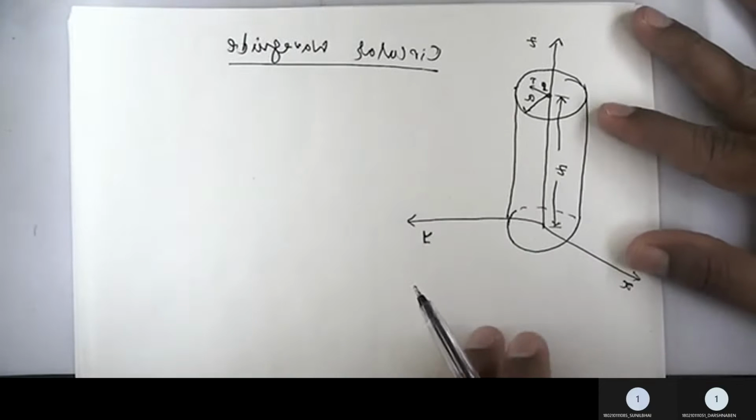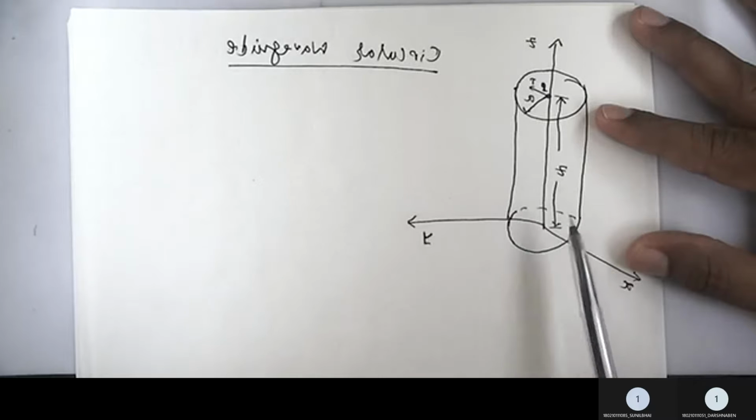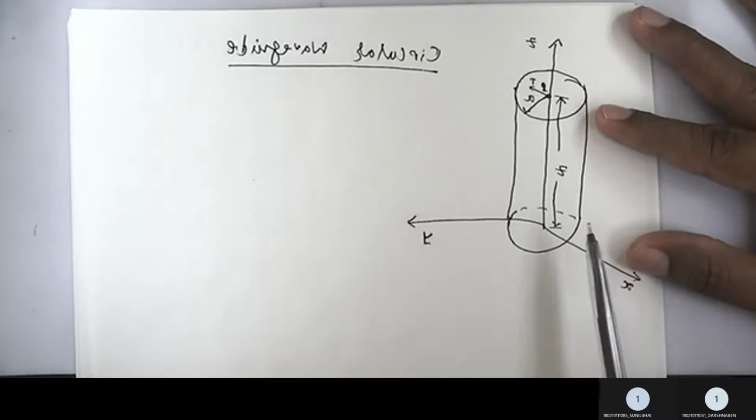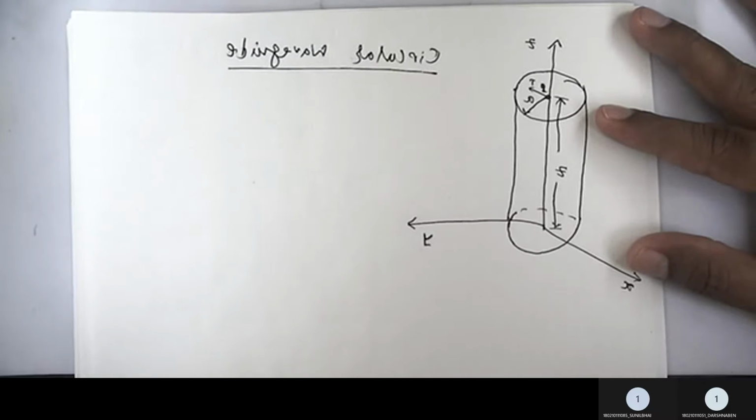For obtaining the field components of the TE waves in a circular waveguide, we have used the cylindrical coordinate system, so the waveguide is expressed in cylindrical coordinates, as you can see in this figure.